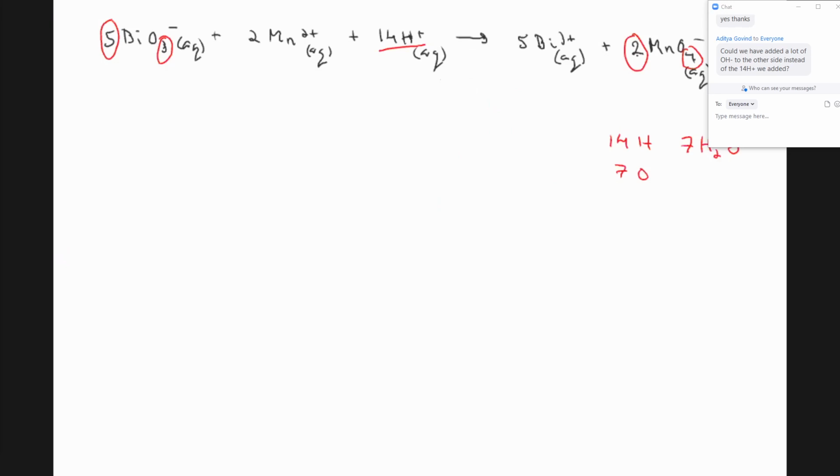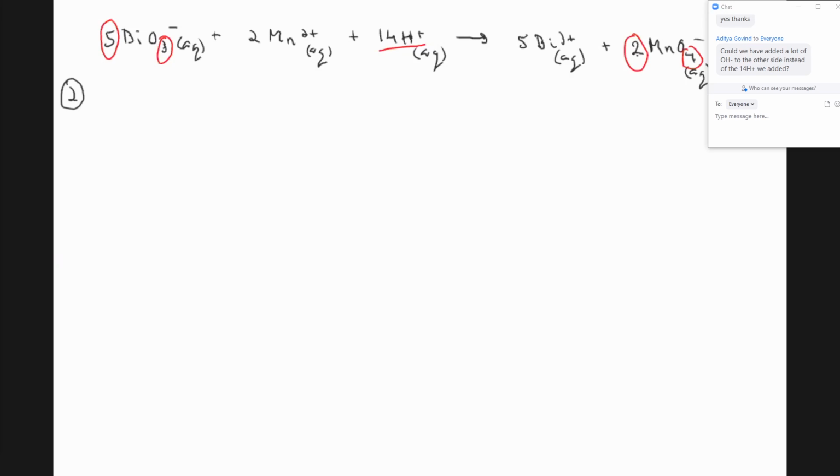Now let's do one other one. So second redox reaction. This one I'm going to do in the half cell method. Okay.